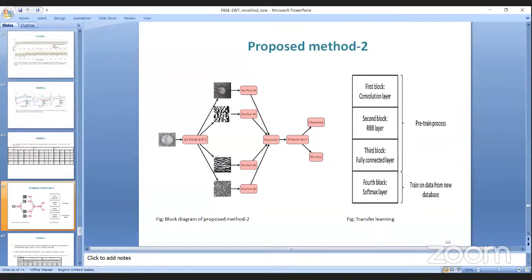We get four subband images, apply the residual network ResNet 50, compute an ensemble, and then a softmax layer classifies whether the image belongs to glaucoma or is healthy. Here we have used the transfer learning concept, and this block diagram shows transfer learning: a pre-trained model, then training on new data.